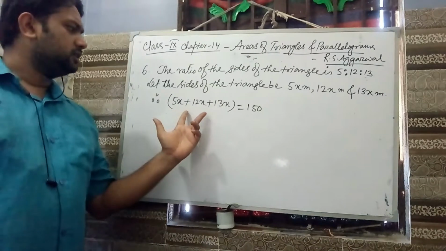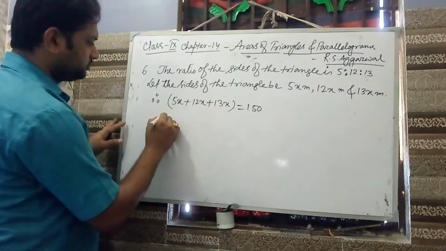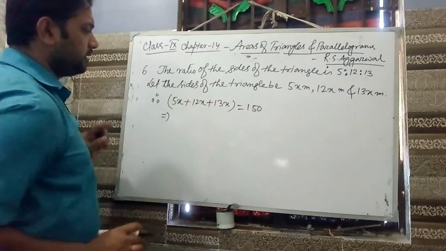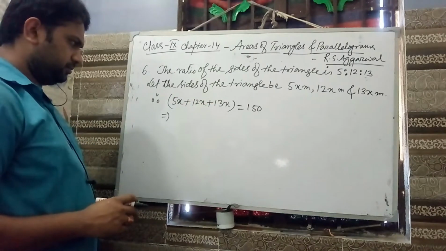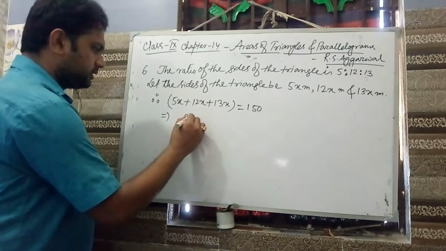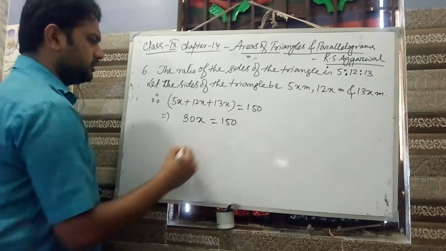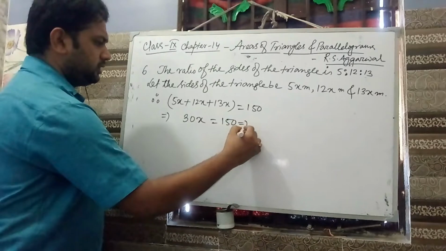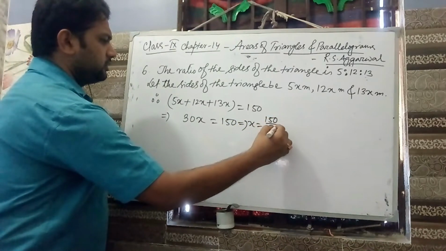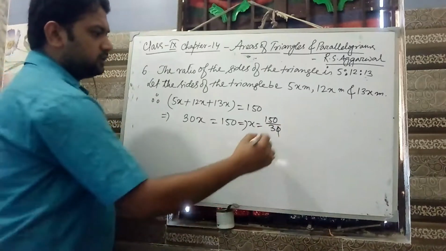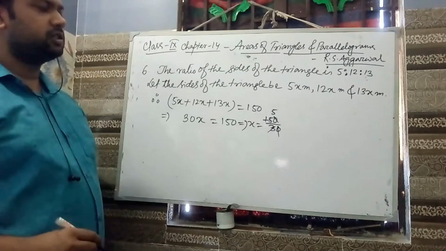That implies 5x plus 12x, 17x, 17x plus 13x, 30x, 30x equal to 150. That implies x equal to 150 by 30. 0, 0 cancel out, 3, 5. Therefore x equal to 5.